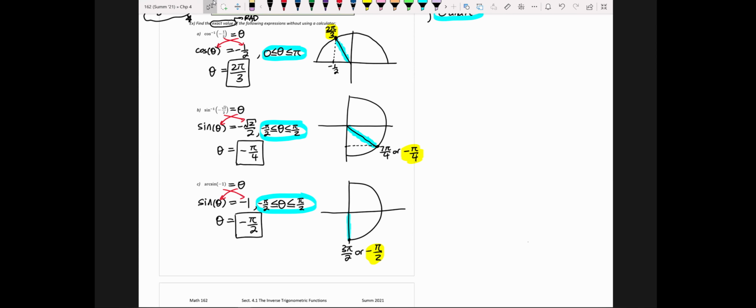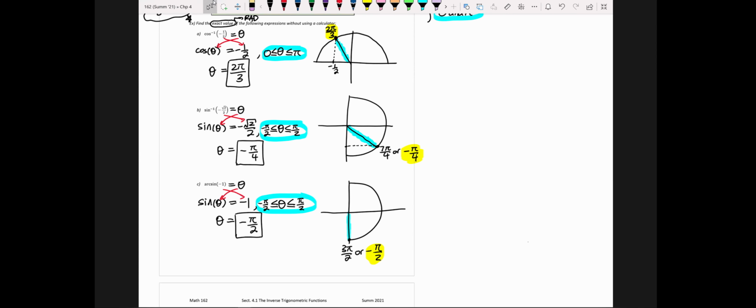Now we do the outside function. So this was inside, now we do outside. Outside, we want secant of pi over 4. The inside function, we evaluated it and got pi over 4. The outside function is now secant of pi over 4. That's the reciprocal of cosine, and cosine of pi over 4 is root 2 over 2.